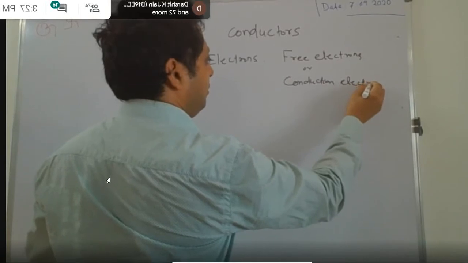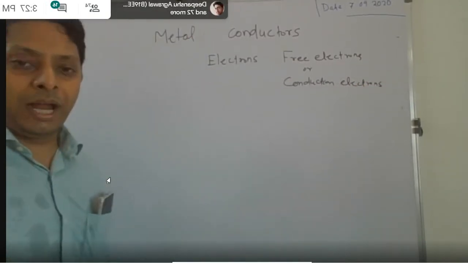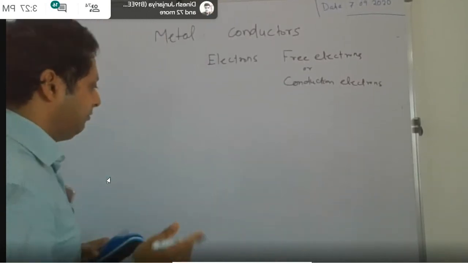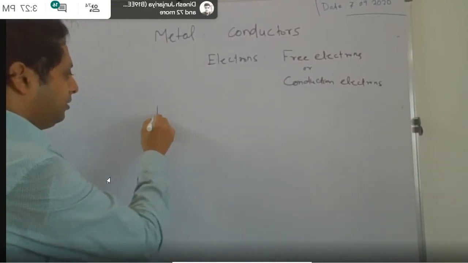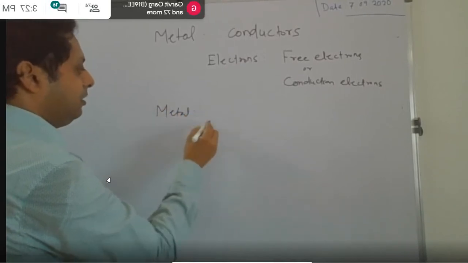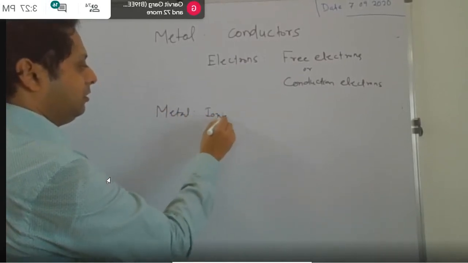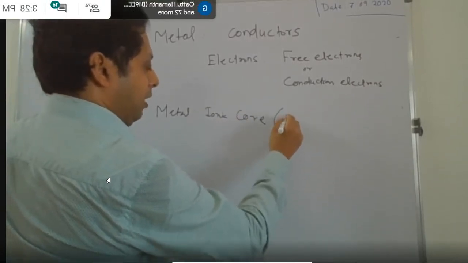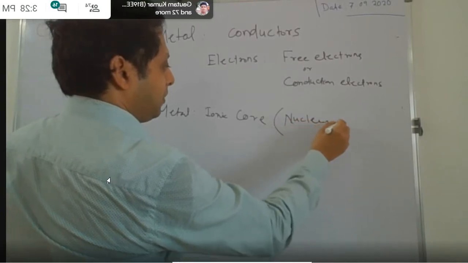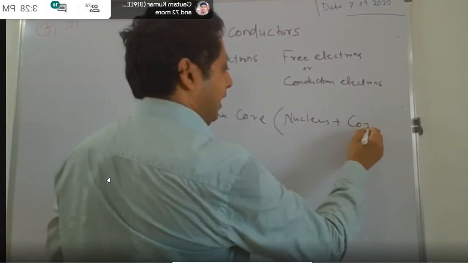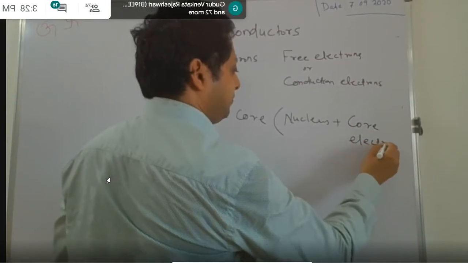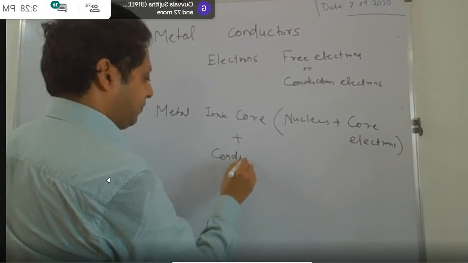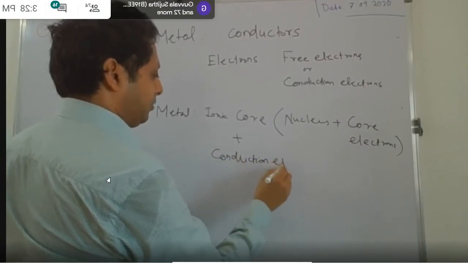So when you look at a metal, an atom in a metal behaves in a different way, and the metal you can say has your ionic core, which will have your nucleus plus core electrons, and then plus your conduction electrons.